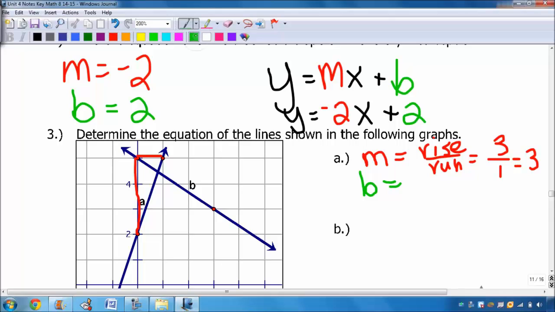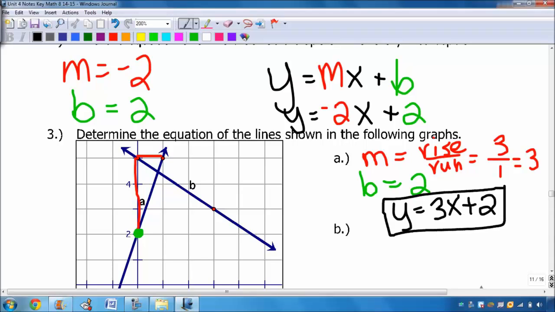And then the y-intercept is where it starts on the y-axis. Well, it starts at 2. So the equation of your line right here would be y equals 3x, because that's the m, plus 2, because that's the b, okay?